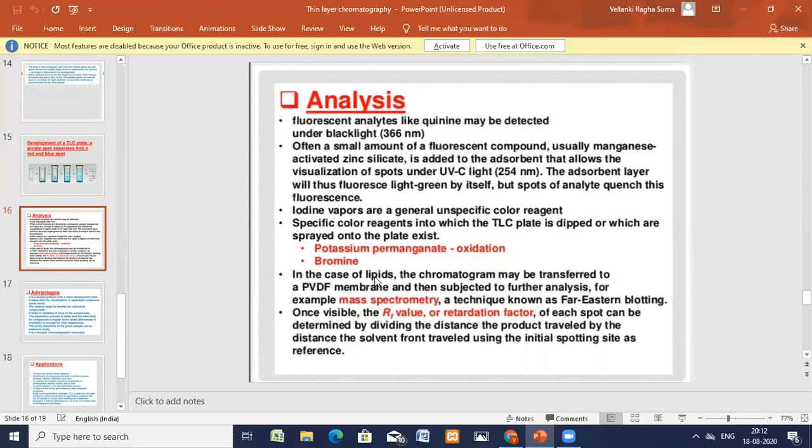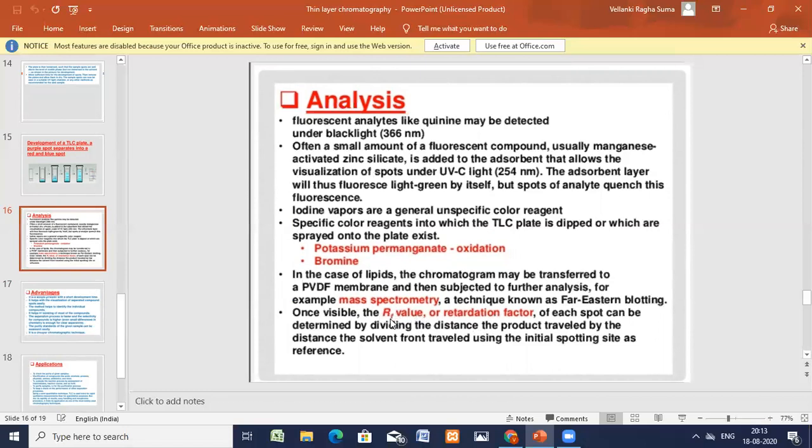In case of lipids, the chromatogram may be transferred to a PVDF membrane and then subjected to further analysis, for example mass spectroscopy, a technique known as Far Eastern blotting. Once visible, the Rf value, or retardation factor, for each spot can be determined by dividing the distance traveled.